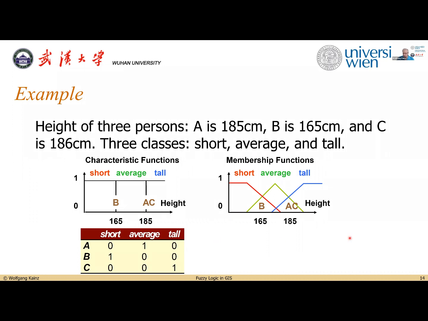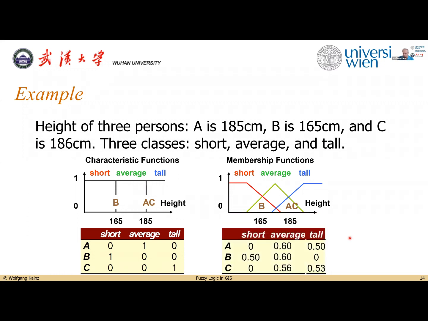Now let's look at the fuzzy approach. When we use this fuzzy approach, we will get a degree of membership to every class. So for example, person A with a height of 185 has a degree of membership of 0 to the short class. This is the membership function for short, as you can see here.